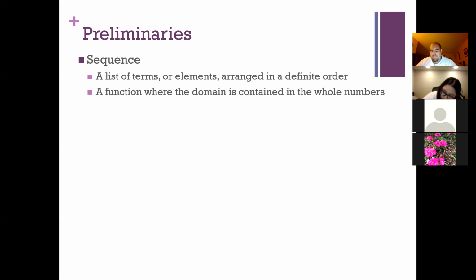Everything we've done so far this summer has been continuous functions, where the domain is either all the real numbers or some subset of the real numbers. Now we're dealing with functions that are only defined when the independent variable is 1 or 2 or 3 and so on. So these functions are defined on either the whole numbers, so 0, 1, 2, and so on, or some smaller set of that.